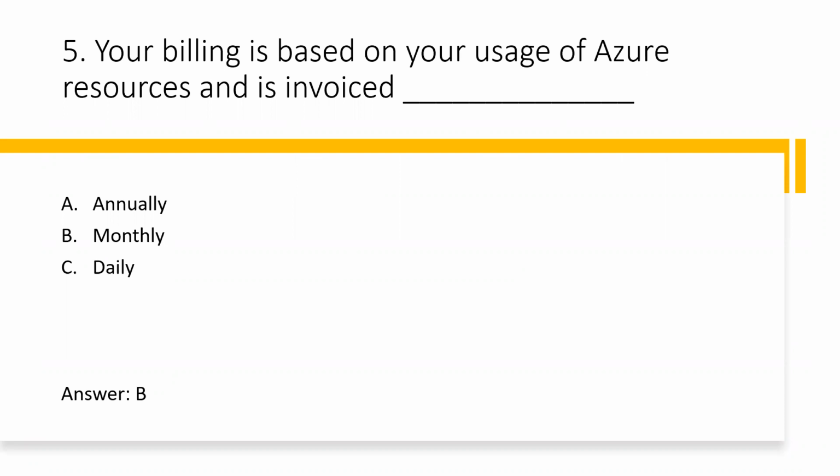You can log into the portal, go to cost management and then billing invoices, where you can see a monthly invoice, and you get a notification by email for the monthly invoice bill. So here is the right answer, monthly. Answer B.